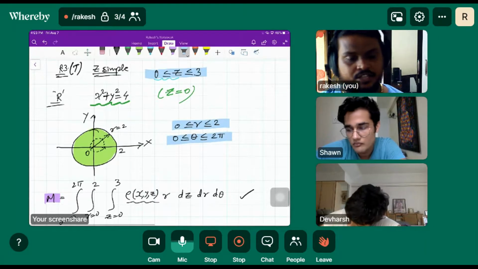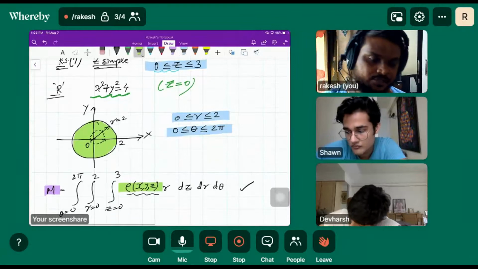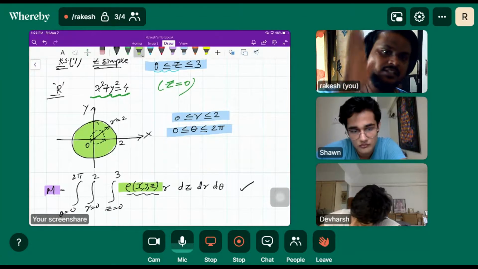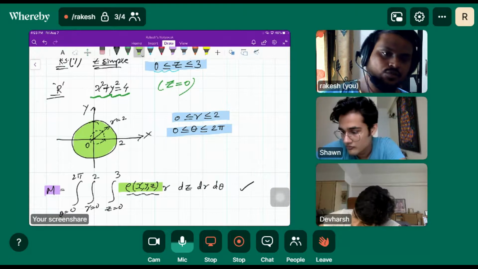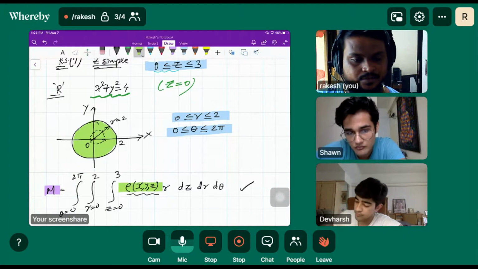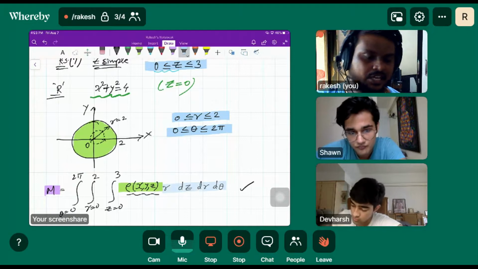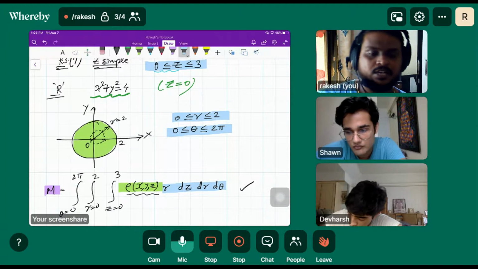The only thing is we have to write down the mass density function over here. Since we are choosing the polar coordinate system here, the differential would be r dz dr d theta.